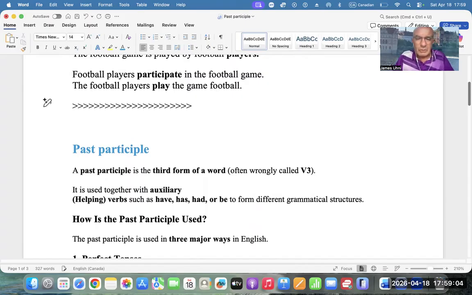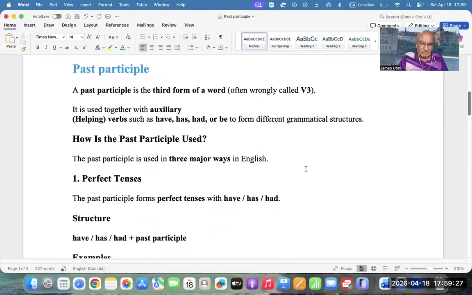And now we will talk about what is actually past participle. A past participle is the third form of a word, often wrongly called verb 3. I will explain ahead of time to what we get to at the end.